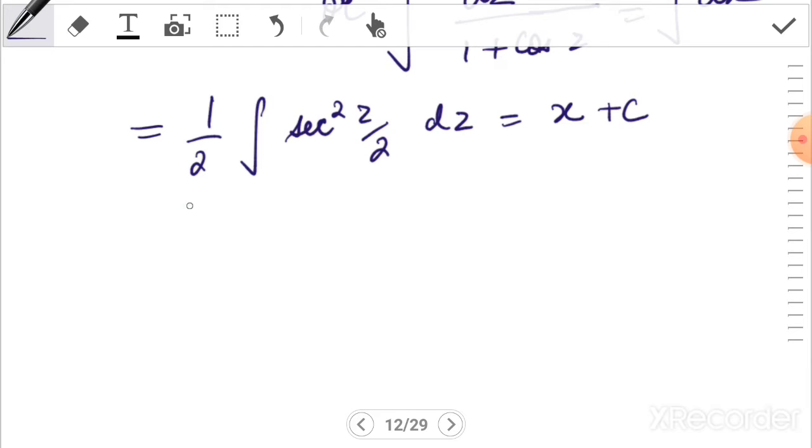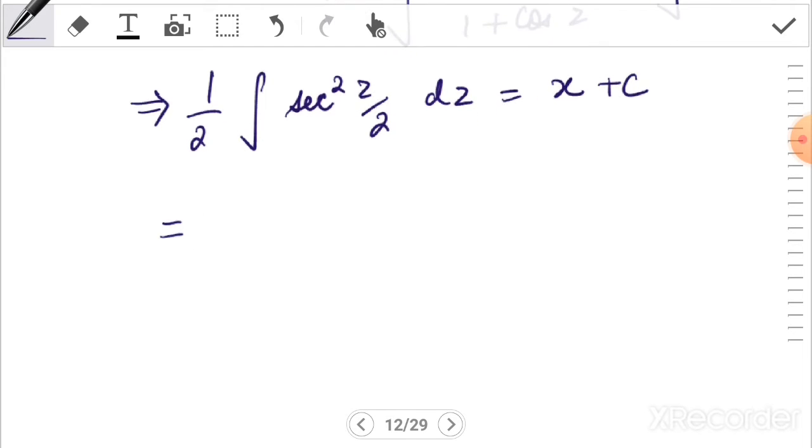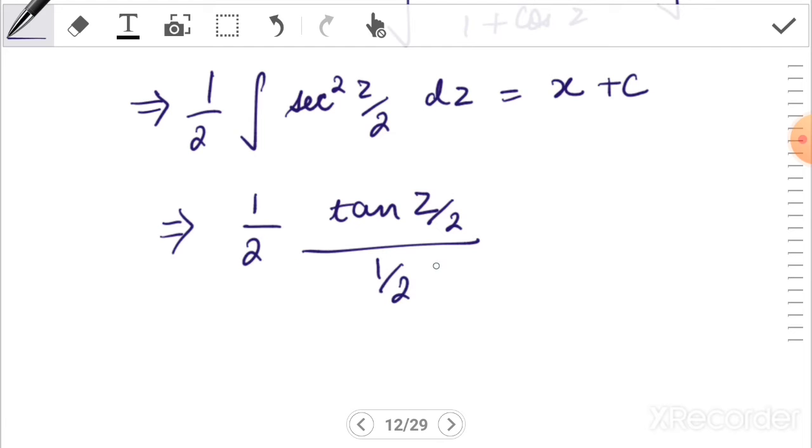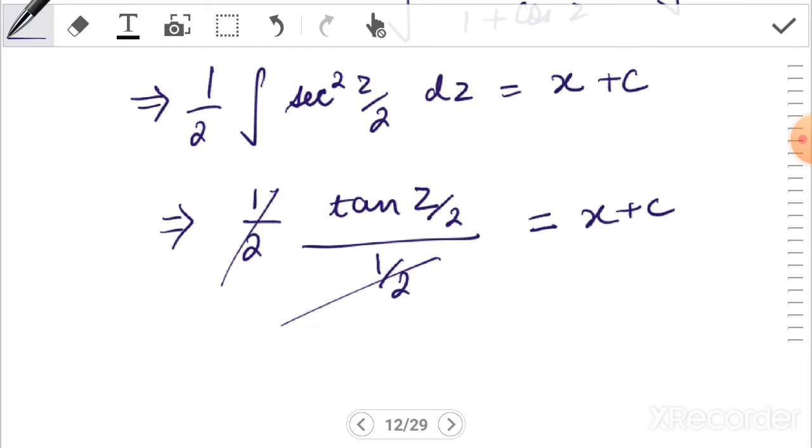Now the integral of sec square z by 2 is equal to 1 by 2 tan z by 2, divided by 1 by 2. The 1 by 2 gets cancelled, and this is equal to x plus c.